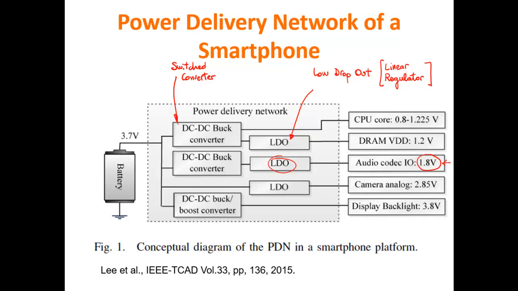So in the same chip, we have all the converters and all the LDOs, and basically you have as an input to the chip the battery voltage, and then many different outputs all going to supply a different sub-system.